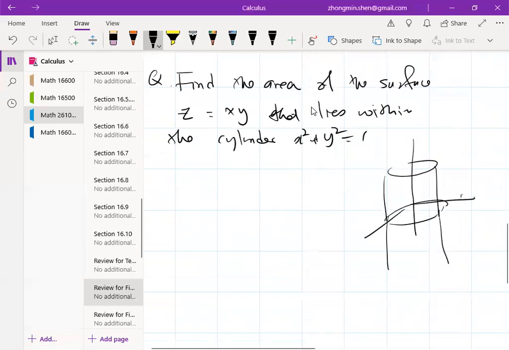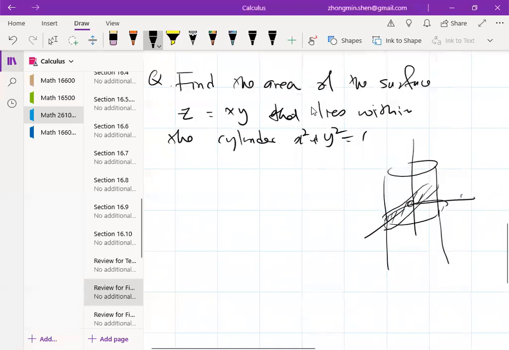Okay, it depends. It's hard to draw. It actually can be negative, can be below the xy plane, can be above the xy plane, because when x times y is negative, z is negative. So that will be surfaces under the xy plane. Okay.